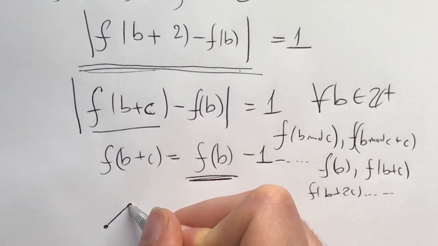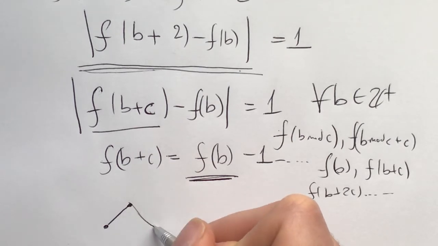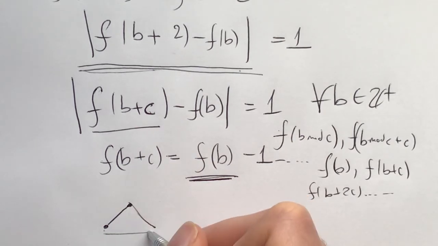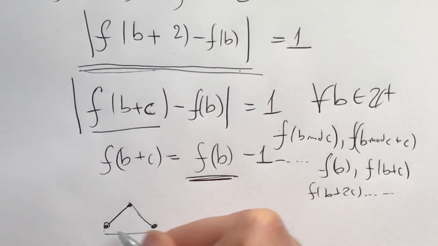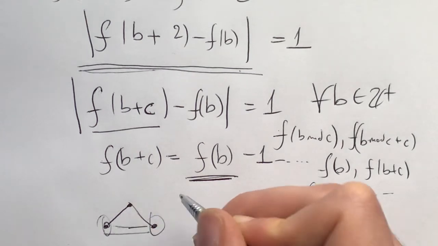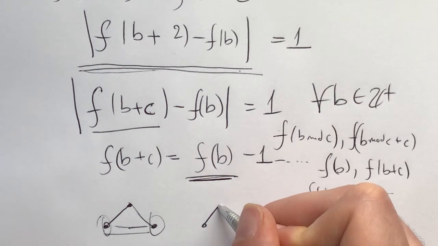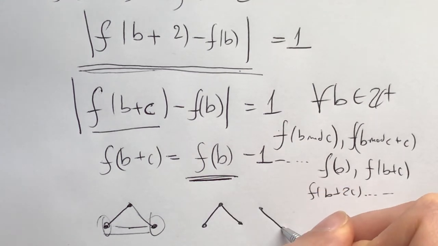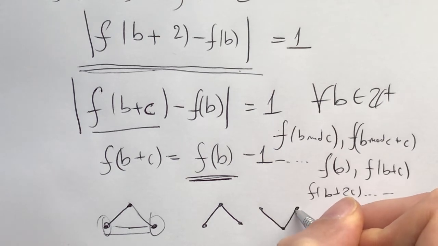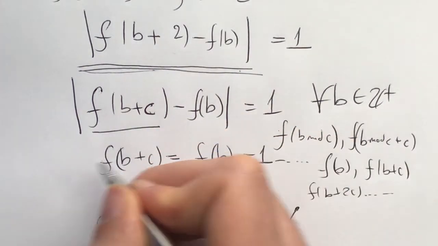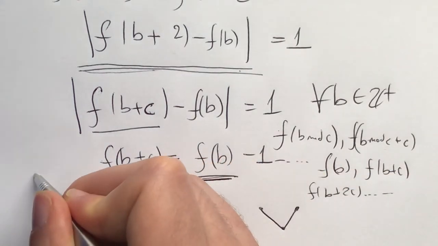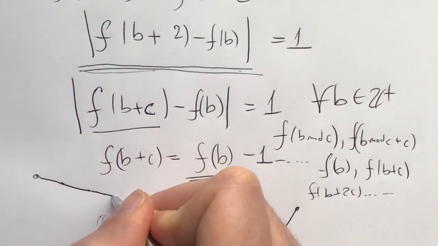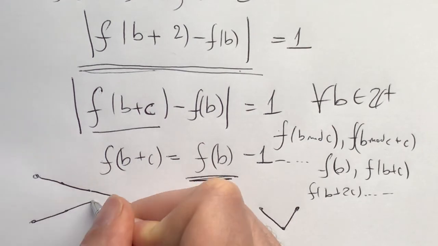And say that the next one either goes up or down. If it goes down, then we have a contradiction, because f would not be an injection, we would have two different inputs with f equal to one another. So if it goes up, it can't ever go down. And if it goes down, it can't ever go up. Meaning this whole sequence is either always decreasing by 1, or always increasing by 1.